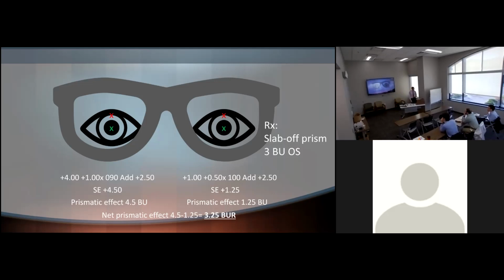Clear? Is there any that's preferred or is tolerated better? I think the slab off is easier, but both concepts are more expensive, I think. So again, there's very limited use. It's only for the lower segment of the glasses. It's only for a certain amount of deviation, and you can understand there's going to be an issue when you are creating a lot of anisometropes by monovision cataract surgeries, right?